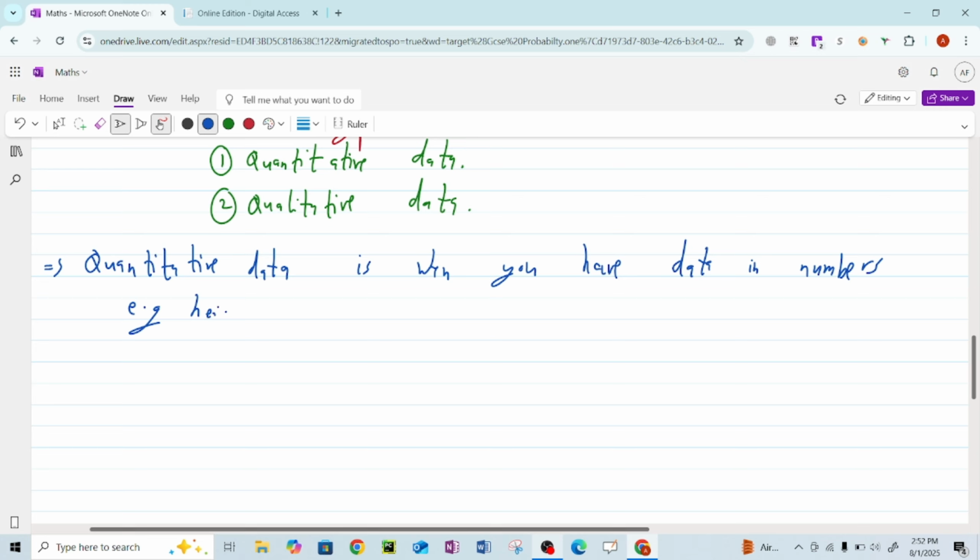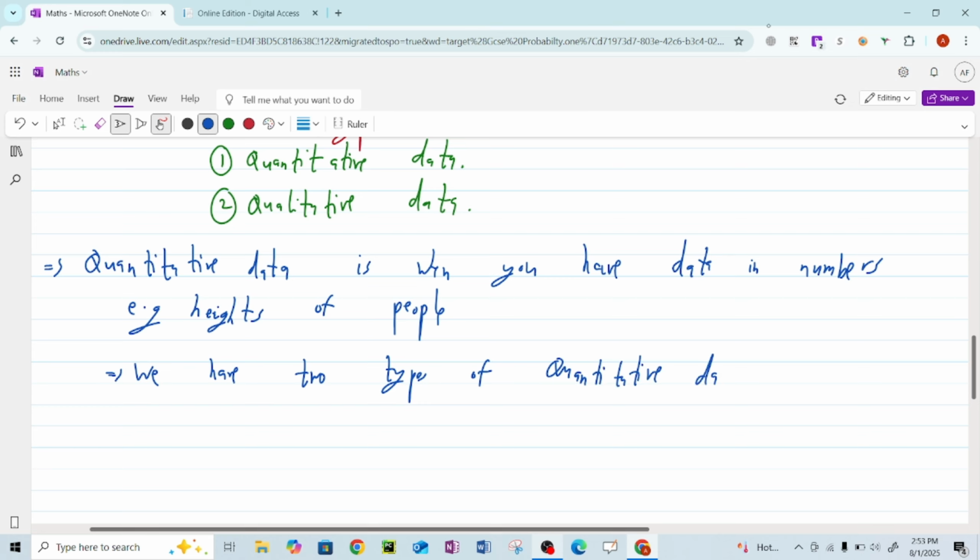For example, heights of people. Okay. Now we also have two types of quantitative data, which are discrete, data in whole numbers.